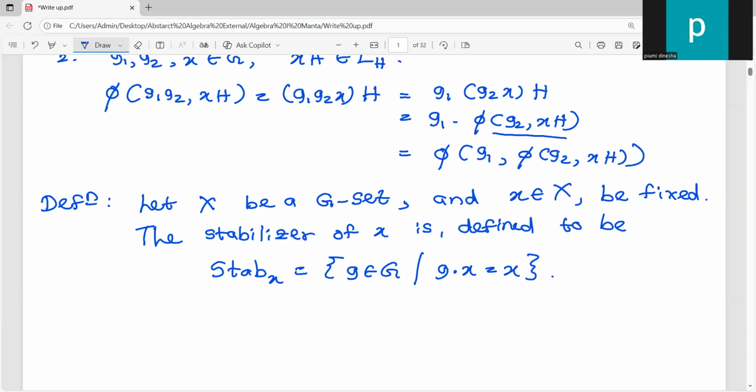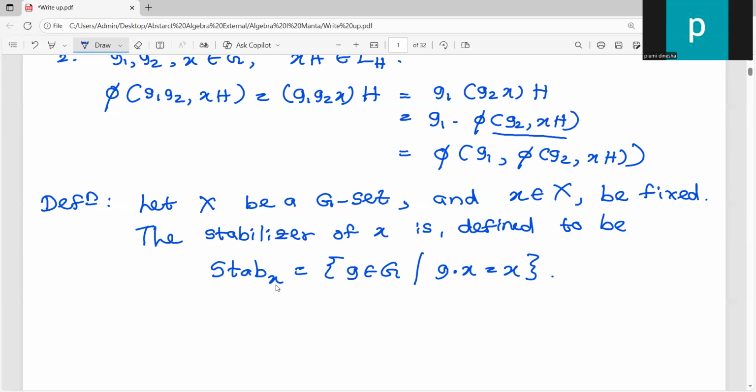Right. So next theorem, observe that for any element that you take, once you fix the element in the set X, you define the stabilizer of x to be every element in G that fixes this x through the group action.